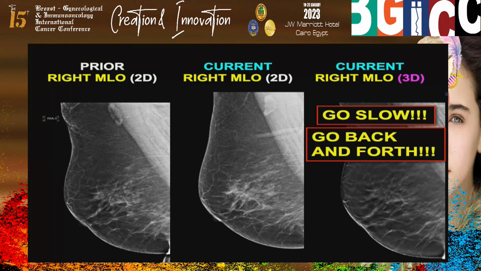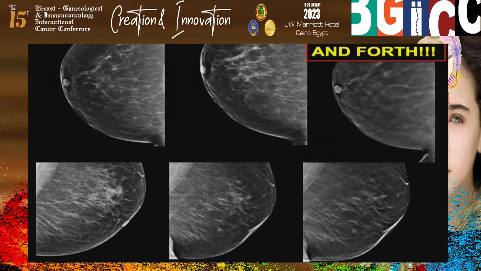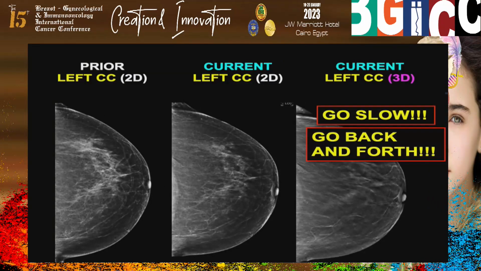I do that in the right MLO view. I do it in the left MLO view the same way, going through slow. I do it in the right CC view the same way, going slowly through the tomosynthesis images, looking for any possible abnormality. And then I do it again for my left CC view. So I do them individually, going through very slowly, making sure that I don't miss anything on any particular slice.